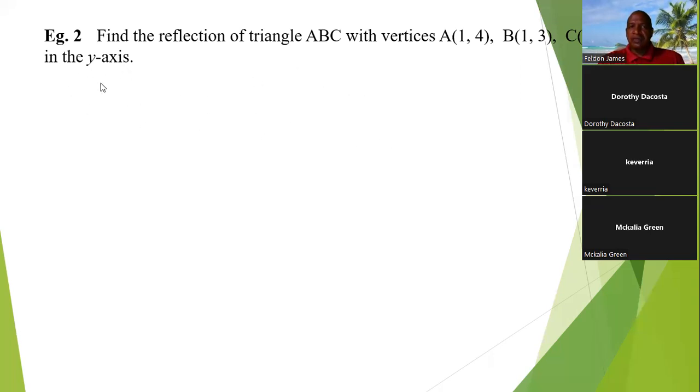You should know the reflection matrix in the y-axis. You should know how to write these in column form. So write these in column form, pre-multiply by the reflection matrix, and give me the result of your image. So do that for me right now. Quickly, you have about 2 minutes to do that. Raise your hand when you're finished, guys.